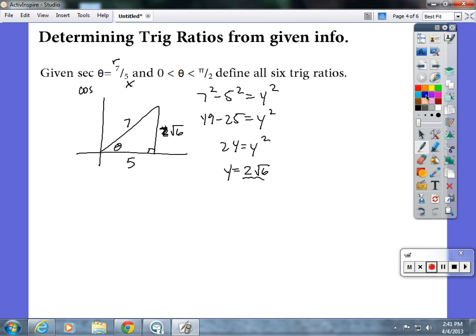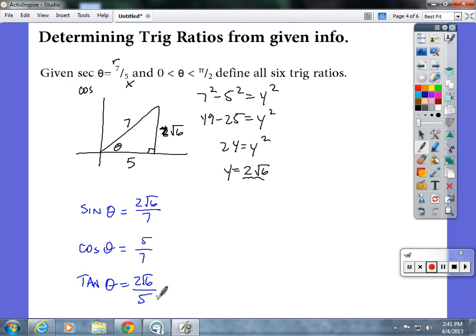So if I'm going to define all 6 trig functions, the sine of theta is going to be 2 root 6 over 7. Cosine of theta is going to be the reciprocal of my given information, which is 5 over 7. Tangent of theta is going to be y over x, which is 2 root 6 over 5.